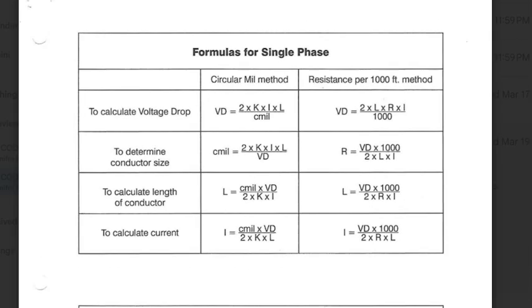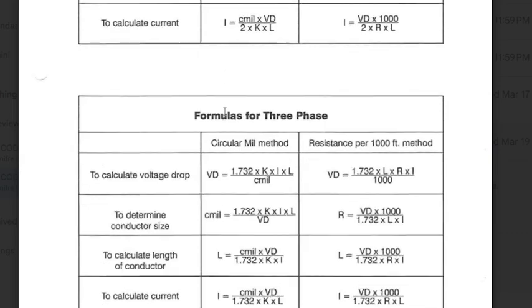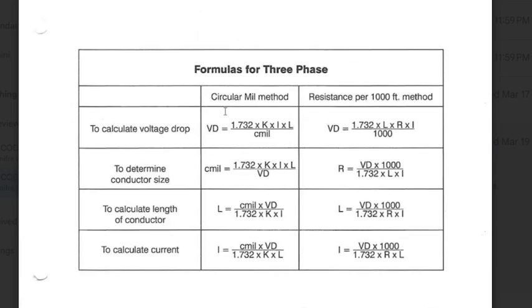So I have the single-phase formulas. It is the first two on the left. There's the voltage drop. There's the circular mills, using only the circular mills method. We're only using that circular mills method, the one here on the left. We're not using this one on the right. And then you also have the three-phase one there as well.